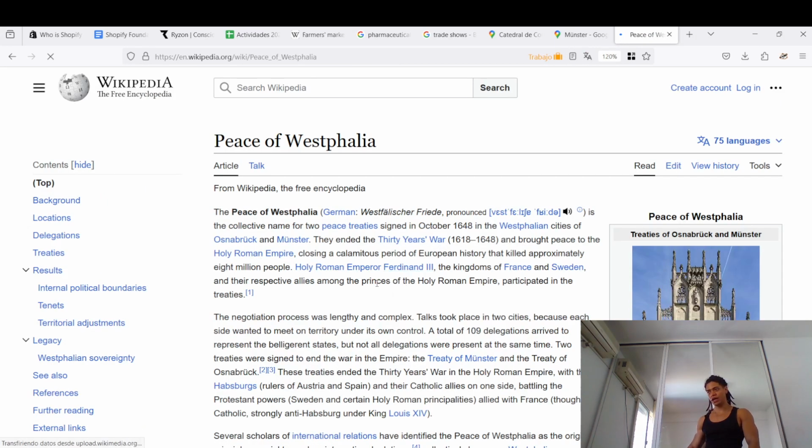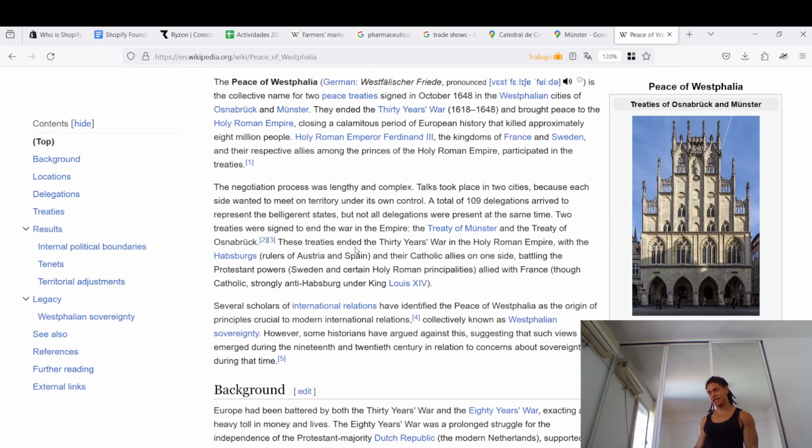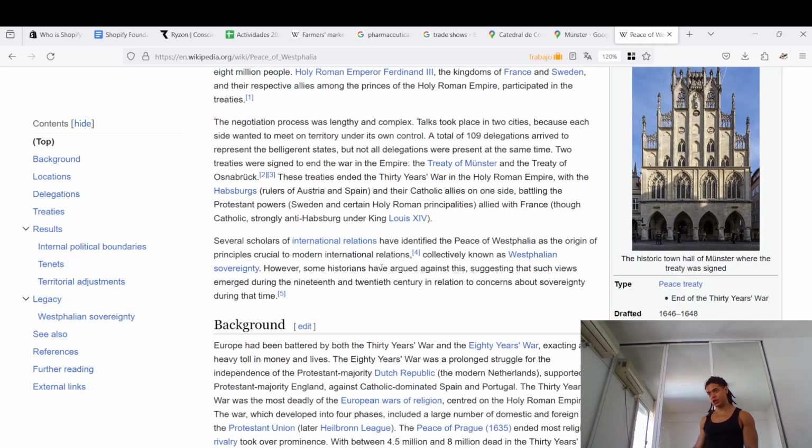And you may wonder why they needed a treaty or peace of Westphalia. Because they were fighting to recognize, they were fighting against the king, so that the land and wealth was only inherited.